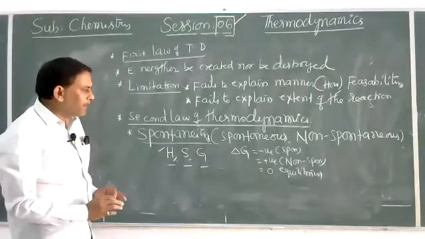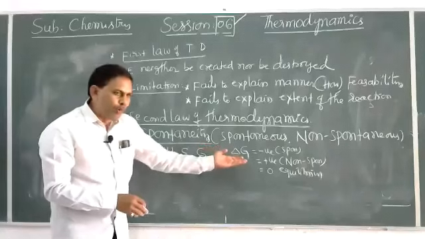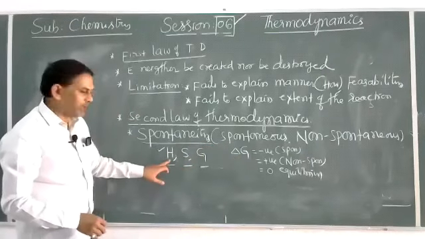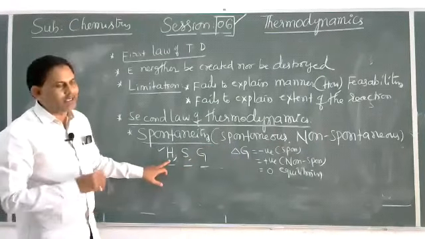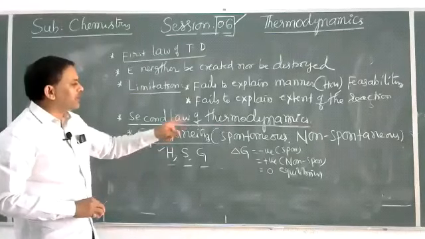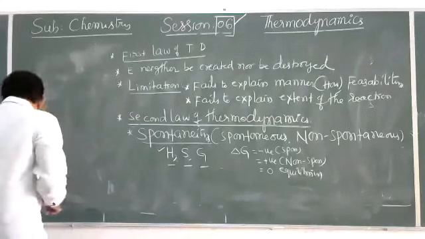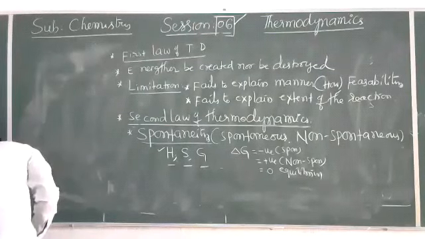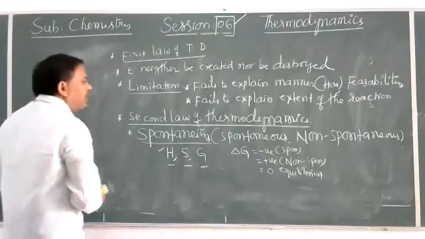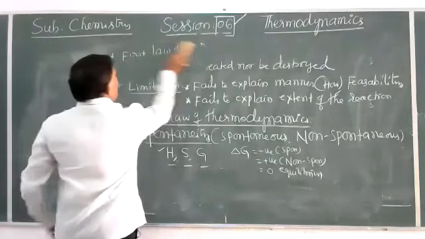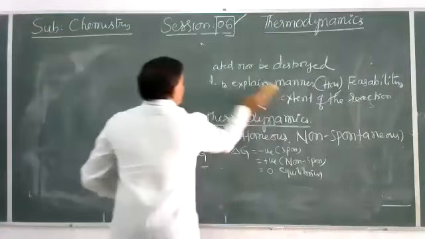But initially, we don't know G directly. Initially, with the help of H, spontaneity was introduced. First, what is a spontaneous process? What is a non-spontaneous process? And in what way does the process take place? First we'll discuss spontaneity, spontaneous and non-spontaneous processes.